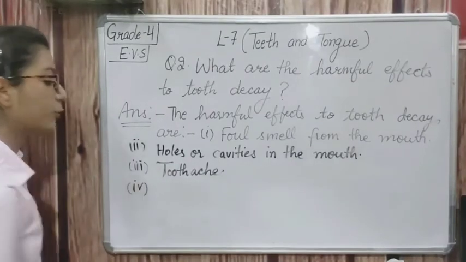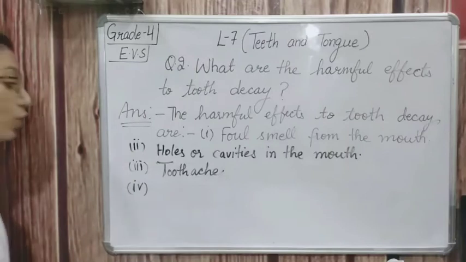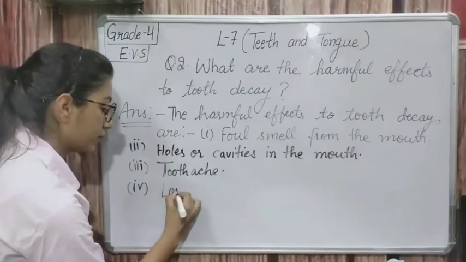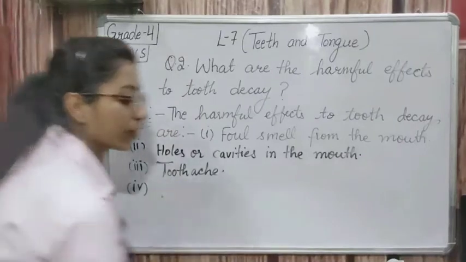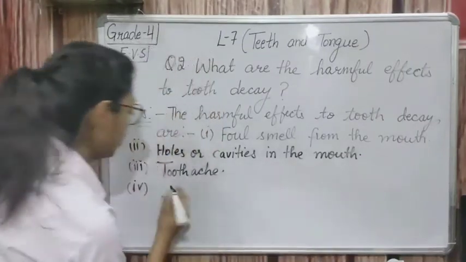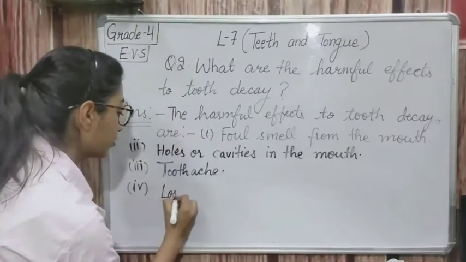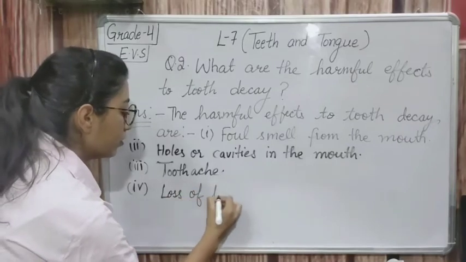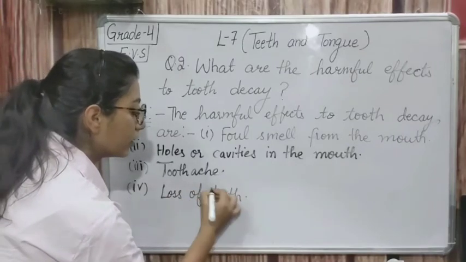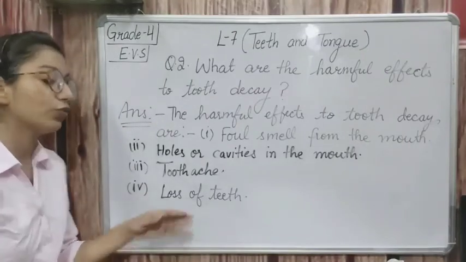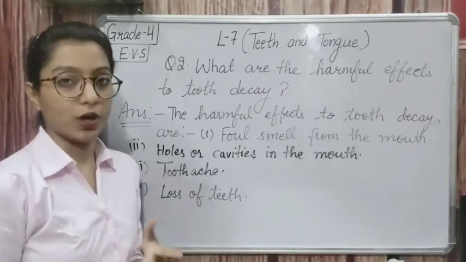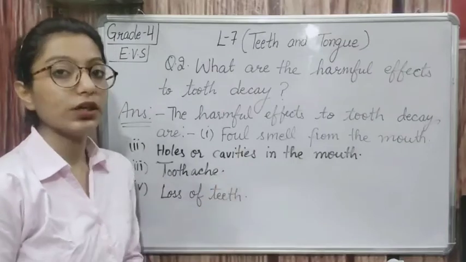Then the fourth point is loss of teeth. So it is about the loss of teeth. Loss of teeth, like teeth fall and will not be replaced with a new one now. It is just because of the tooth decay.